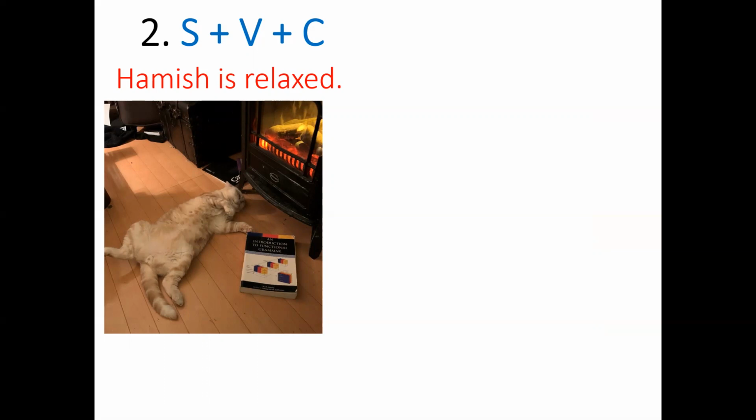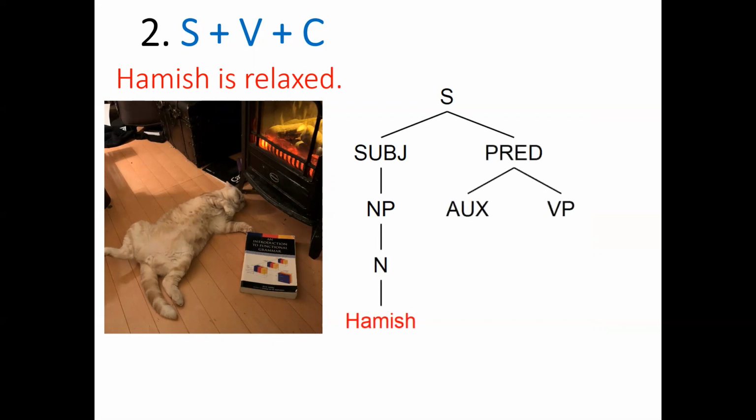To diagram our sentence, we will begin with our S for sentence. In subject position, we have our obligatory NP, which is realized by the proper noun Hamish. Expanding the predicate, we have our auxiliary and verb phrase constituents. In the auxiliary, we will need to account for tense, which this time is present.